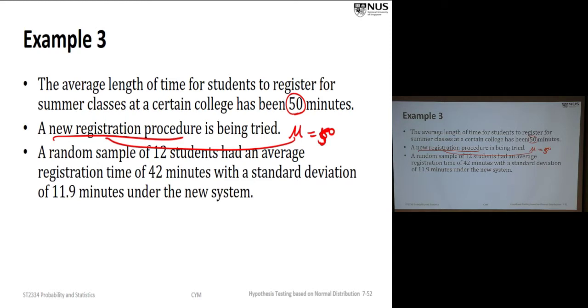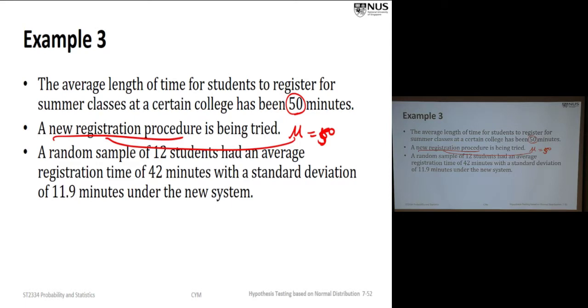So I want to establish that mu for the new procedure is less than 50. Am I right? You don't want to test mu not equal to 50, right? What's the point of having a new procedure with an average time longer than the old one?